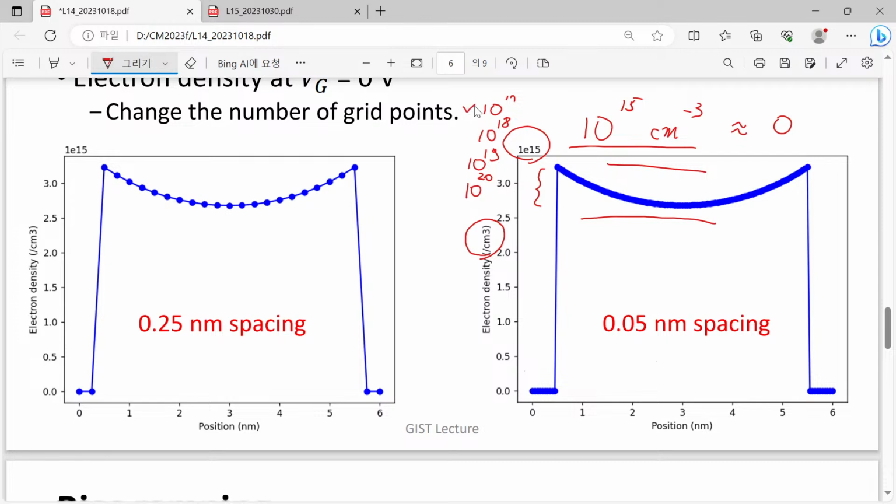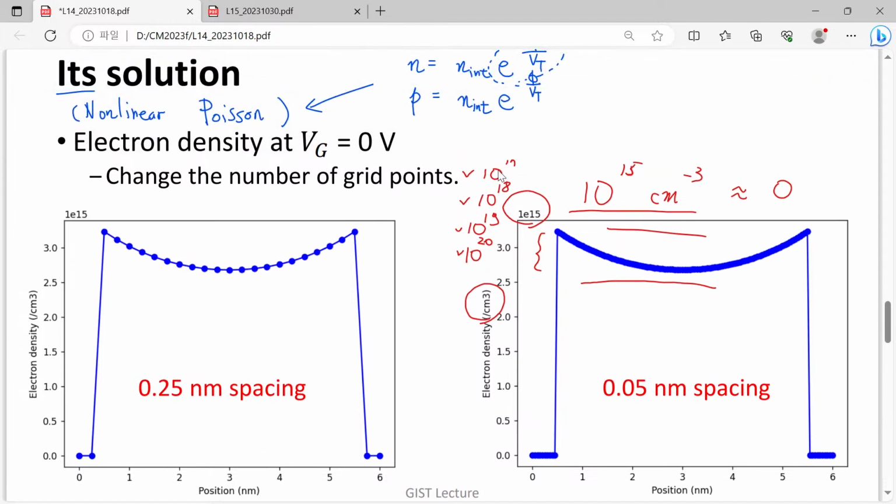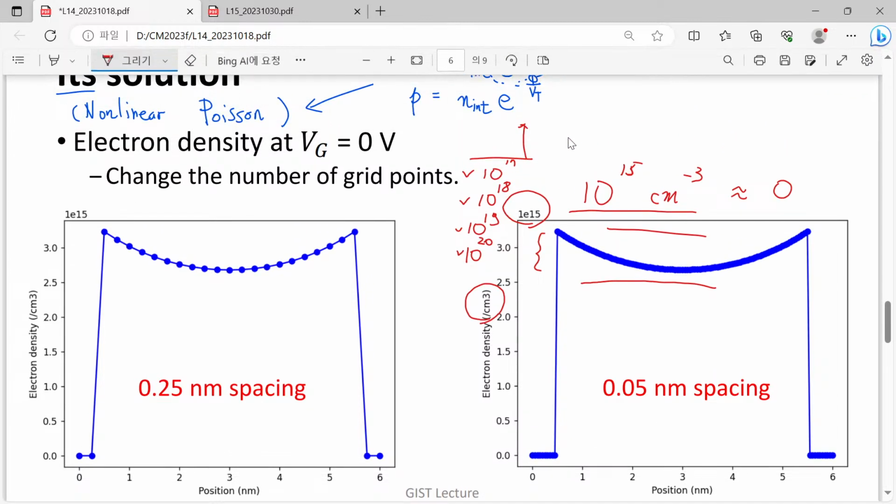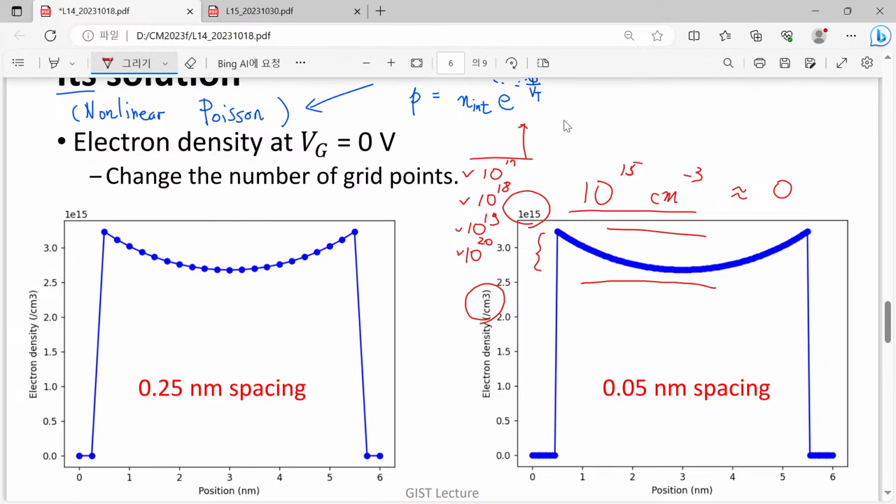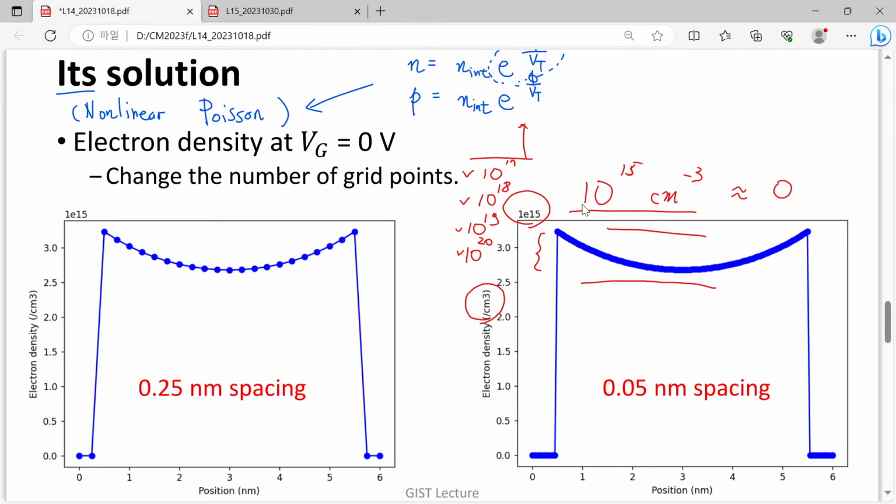You have to have a certain feeling for those numbers. Below 10 to the 17, you can just treat it as a null number. So simply speaking, 10 to the 15 in this case means we have almost no electron inside it.